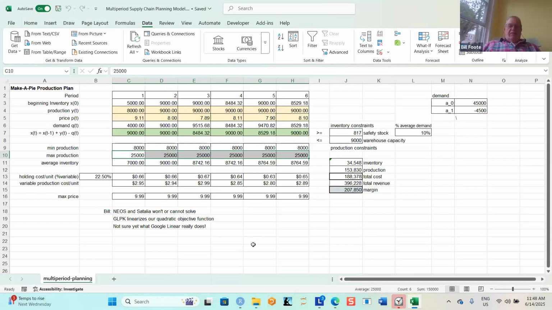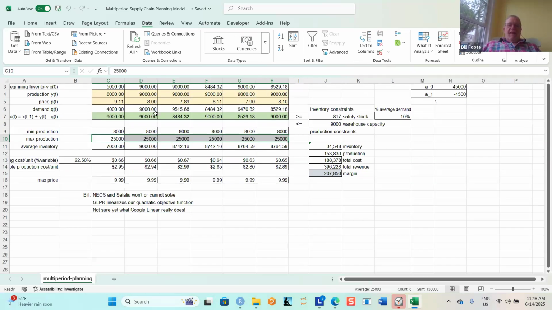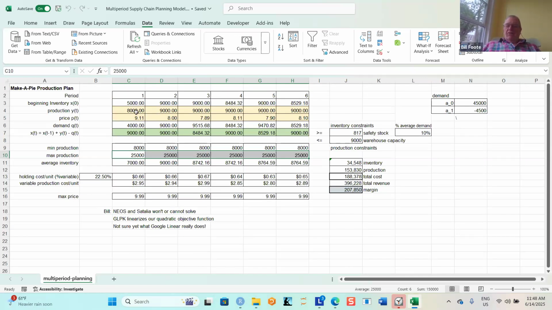It didn't. It only did this. Now, why was that? That should have bounced it right up. That's the minimum, and it still only goes to here. But I got this at 25,000.